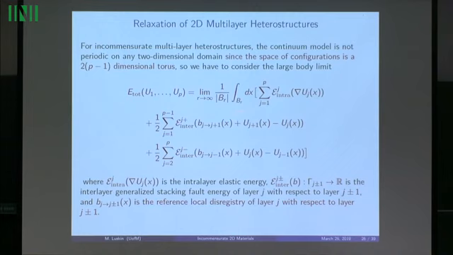We have the intralayer energies of each individual layer, and let's assume that the interlayer interactions are such that layer J is affected most strongly by J plus 1 and J minus 1. That makes sense. So here's our model, and we are interested in the large body energy density of this structure.